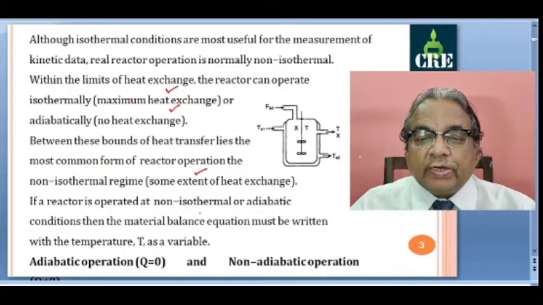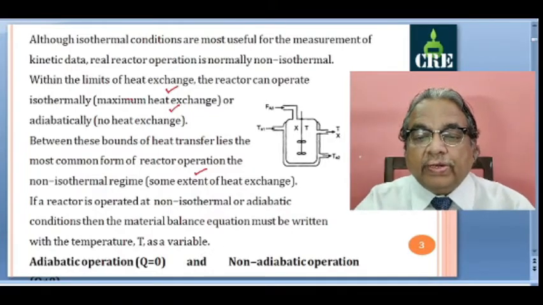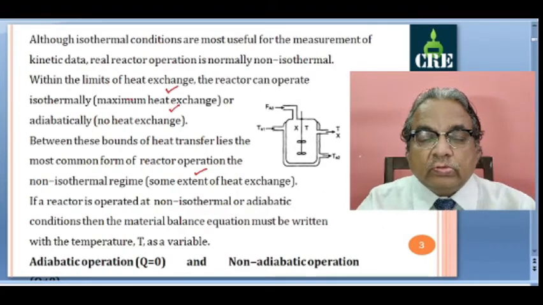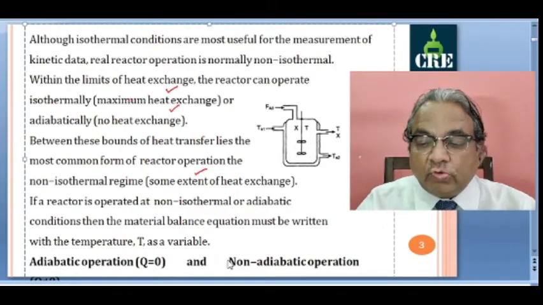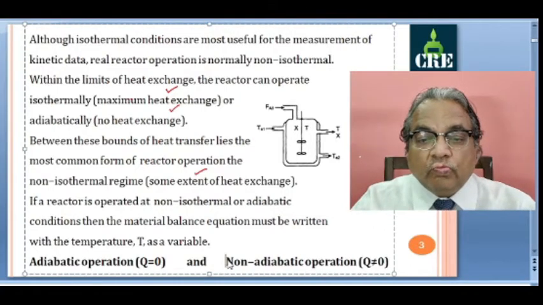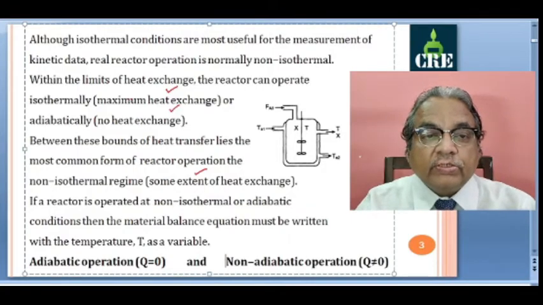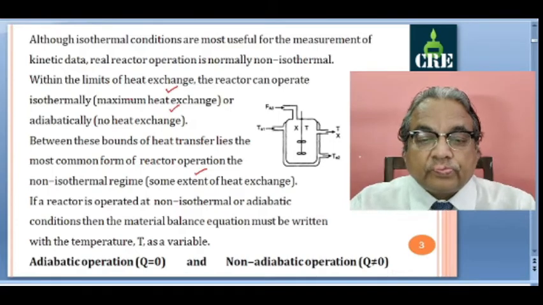If the reactor is operated at non-isothermal or adiabatic conditions, then the material balance equation must be written with temperature T as a variable. So for adiabatic operations, this heat flow term Q will be 0, and for non-adiabatic operation, this term will be non-zero.